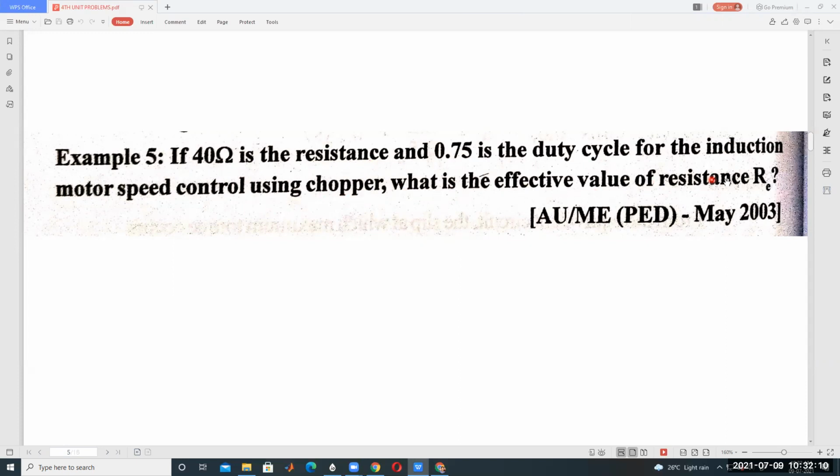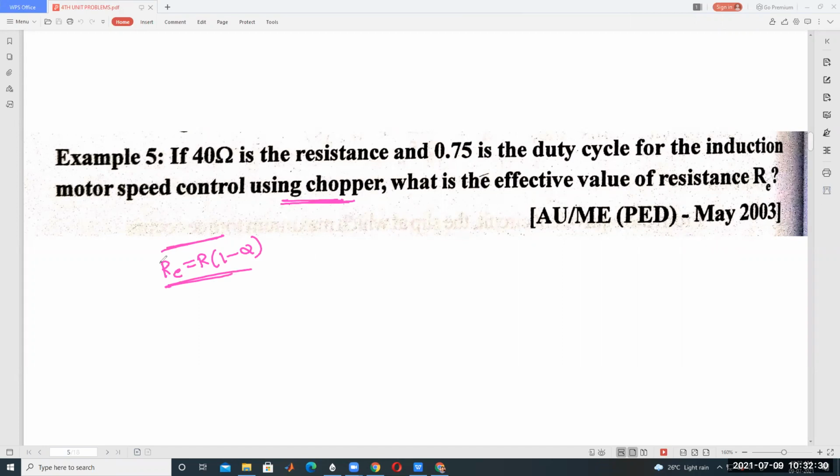What is the effective value of resistance? You know this formula: Re is equal to R into 1 minus alpha in the rotor resistance chopper control method.